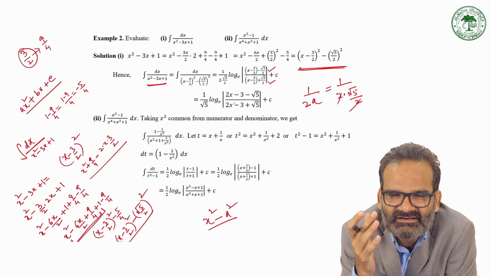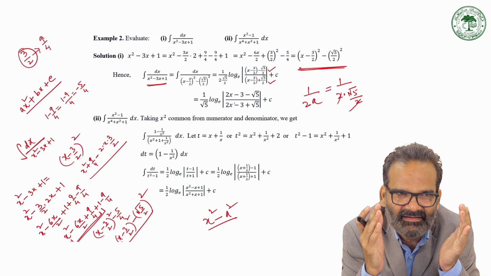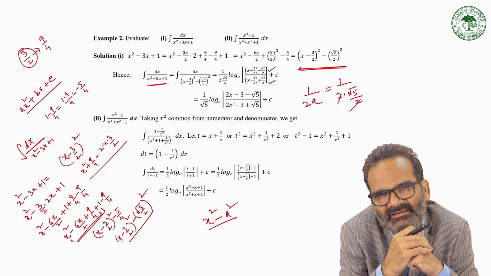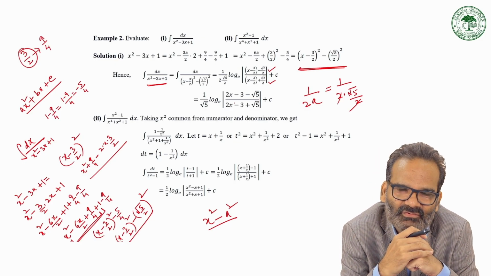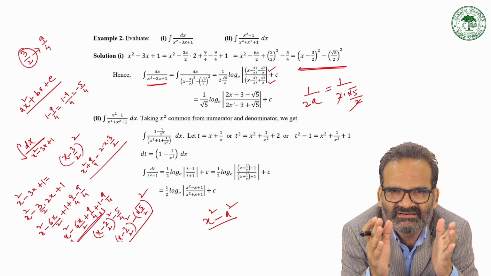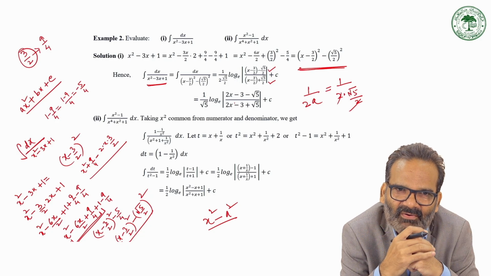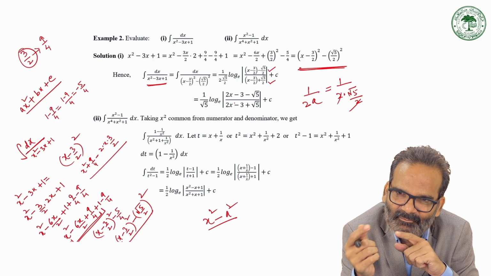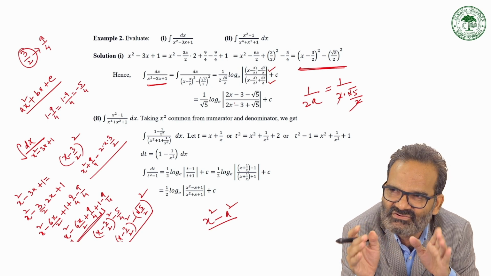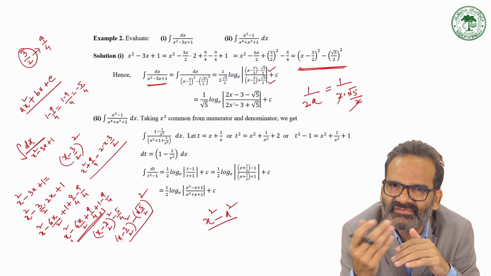This is how you can proceed whenever a quadratic equation is given in denominator. You can convert it to a perfect square by using this technique, and then integrate it. Conversion to a perfect square means take the middle term of the quadratic equation, multiply and divide it by 2, and then add and subtract the square of that number.